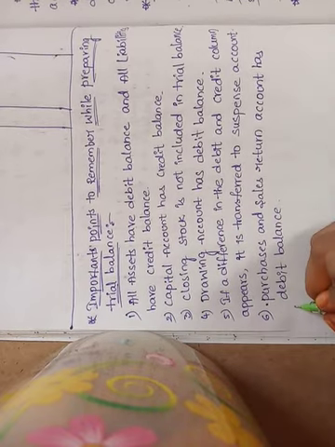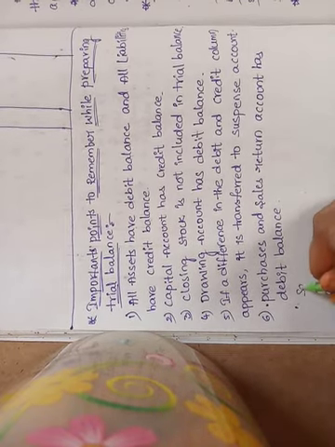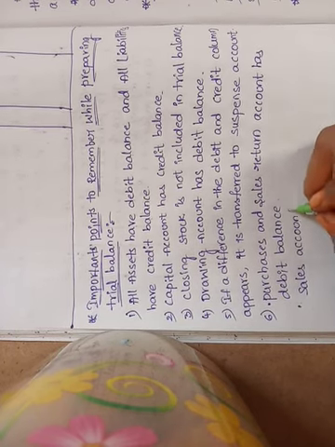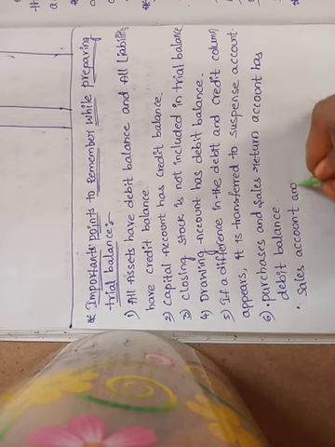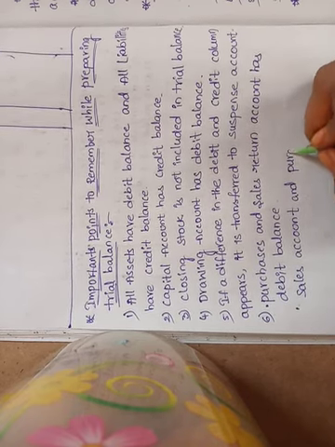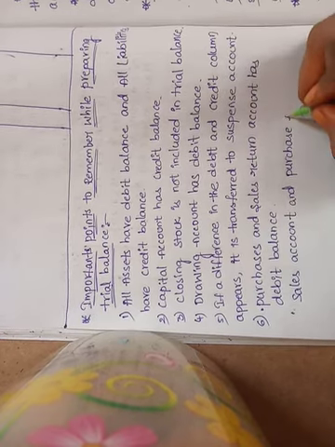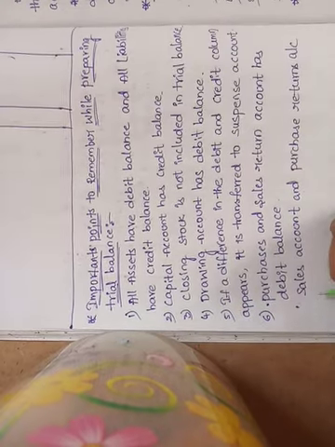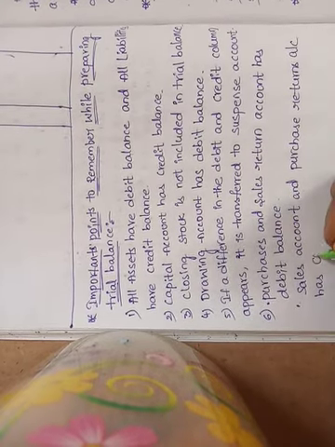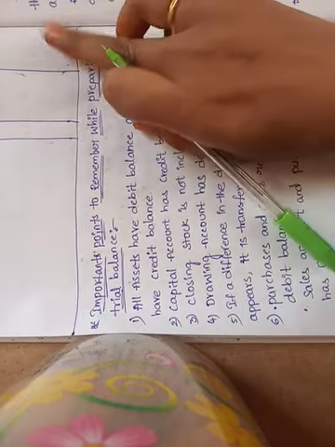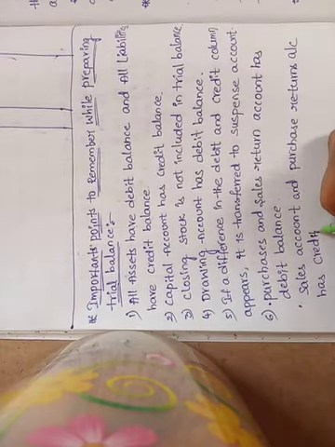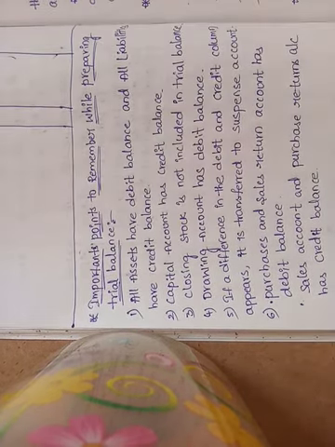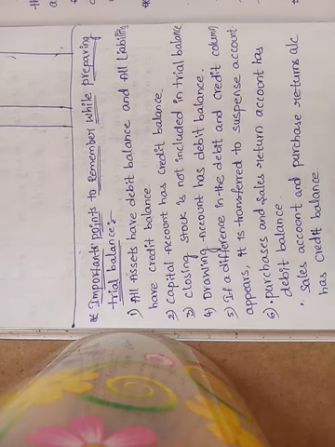Next, sales account and purchase returns account has credit balance. Credit balance means credit side, this side. Okay, from the next class we will do the problems. This is our today's class.